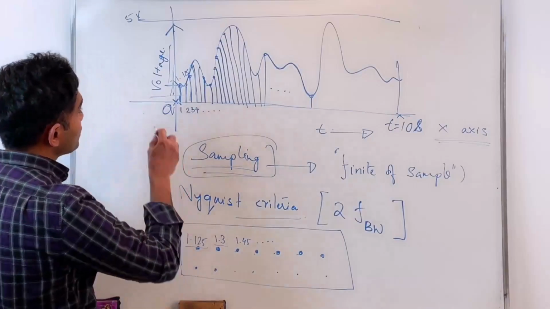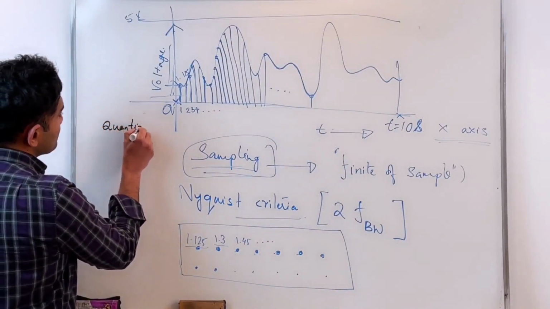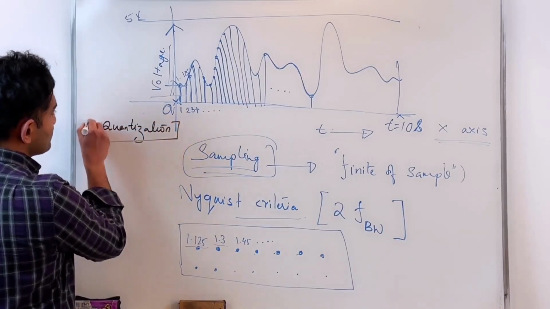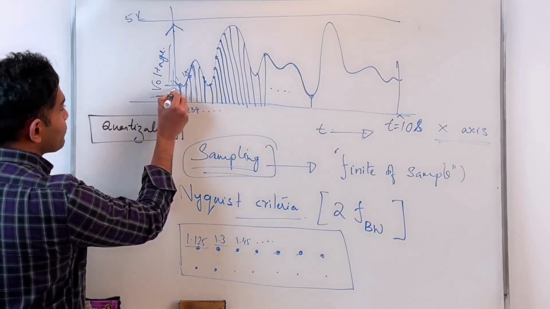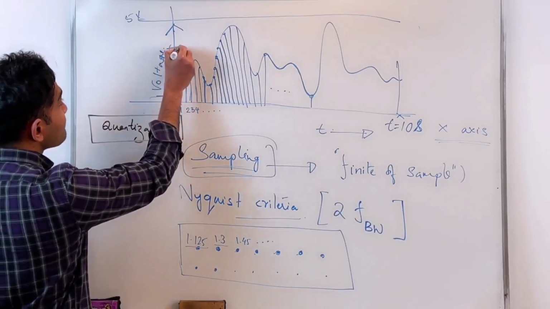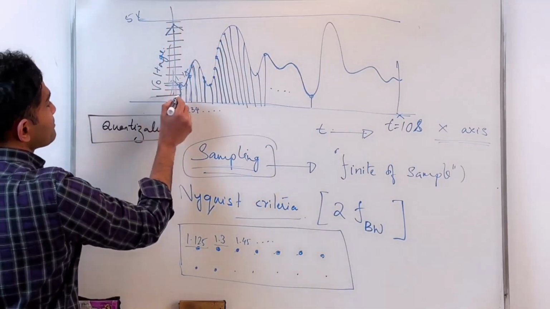So the next step is called quantization. Basically I'm dividing my y-axis into different levels, and now we will talk in terms of levels instead of actual voltages.